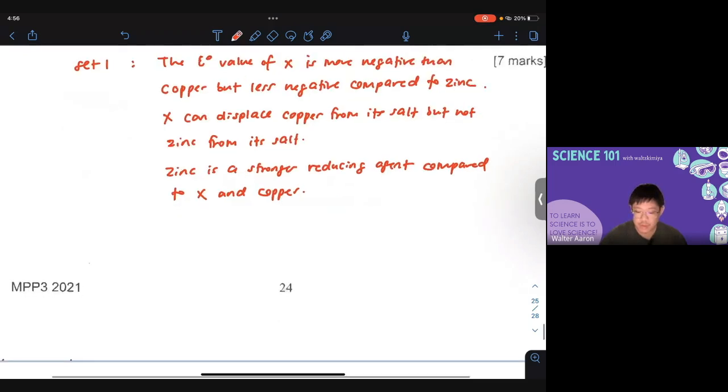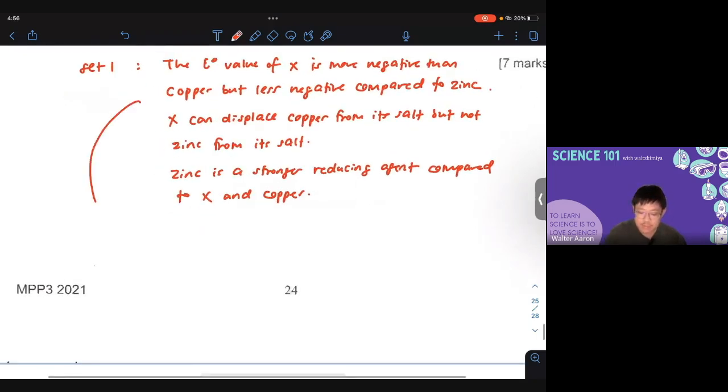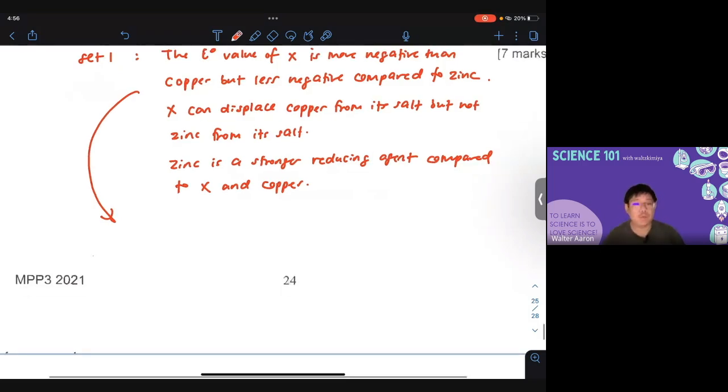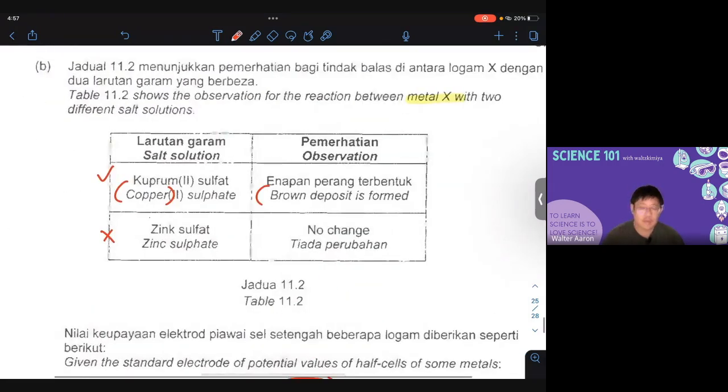So in this case, you can also explain what is the reaction that's going on. From the extension of this part, you can explain how it works. You can say that for the half equation, X being more electropositive compared to copper will be able to release the electrons, while copper ions is the one that can accept the electrons. Why? Because they show you that there is a brown color deposit formed, so you must explain in terms of that as well.